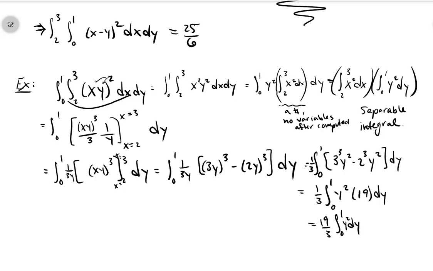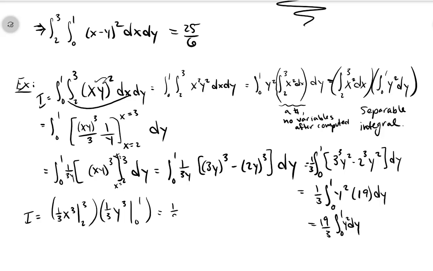Now we can say, if we call our original integral I, we can say it really just equals handling the first integral here times the second integral, pretty easy to compute here.